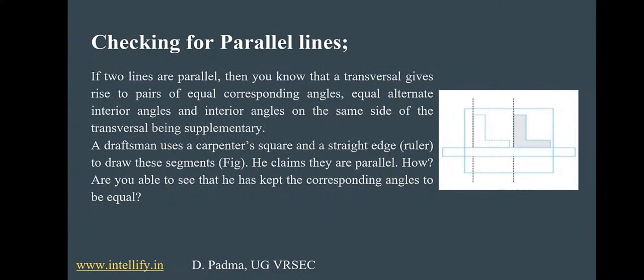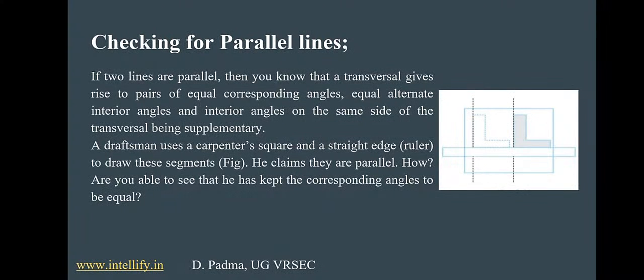It means if two lines are in the same plane and parallel, then the transversal, the line that cuts the two parallel lines, forms corresponding angles that are equal, equal alternate interior angles, and interior angles on the same side of the transversal being supplementary.